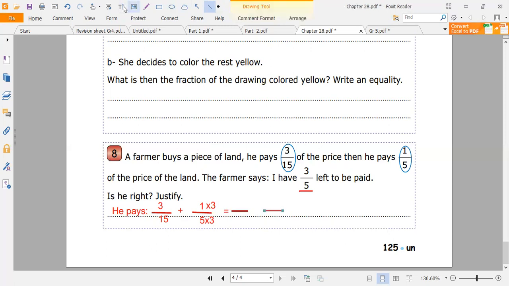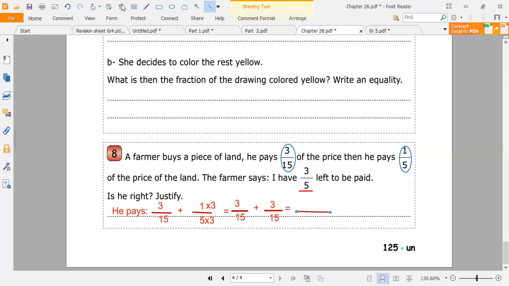The first fraction remains the same, 3/15 plus 1 times 3 is 3, 5 times 3 is 15. Now they have the same denominator, so we can add them. The denominator remains the same.